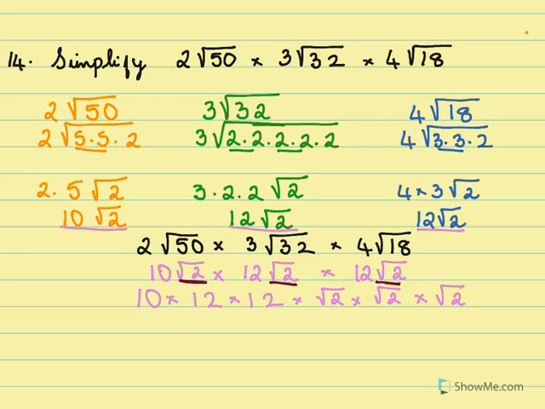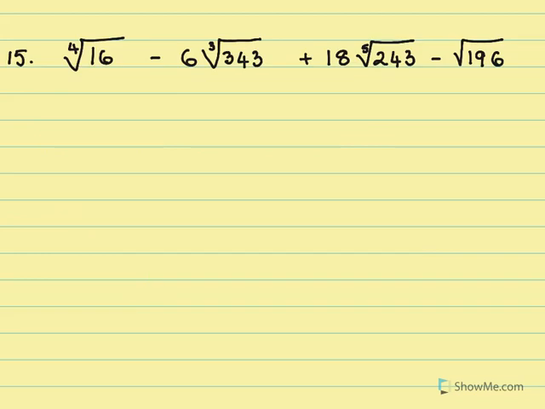See, there's 1 here, 2 and 3. So now I'll multiply 12 into 12 is 144 and into 10 is 1440. Root 2 into root 2 is 2 and this is the root 2. So it becomes 2880 root 2.